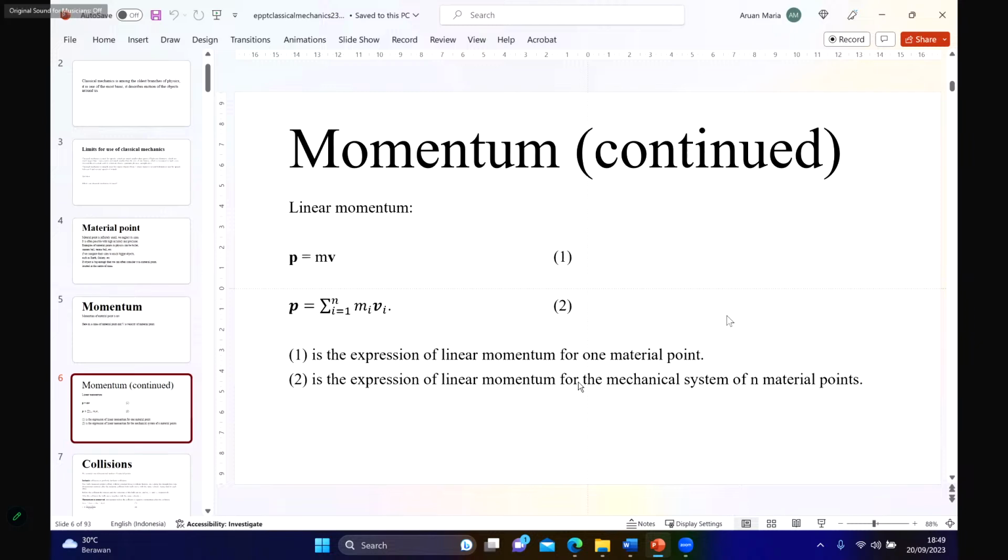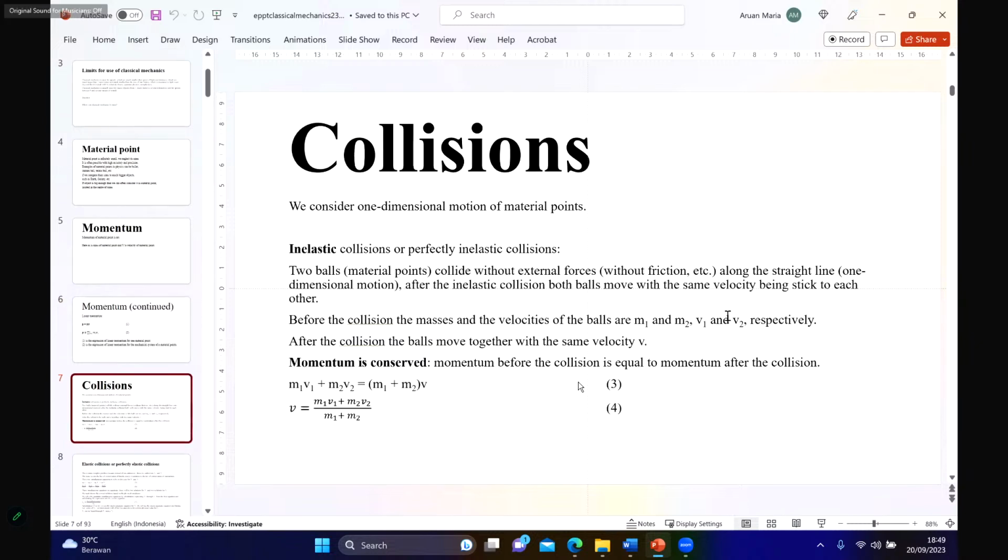Okay, let's move on. Slide number 7, collisions. Remember, last week we considered perfectly inelastic collisions, and we wrote equations number 3 and number 4.